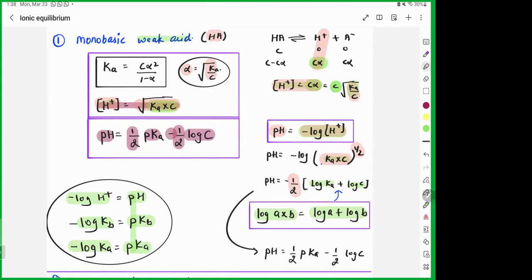You know log A into B is equal to log A plus log B. So if you take minus log Ka, it will be equal to pKa, and minus log C will remain same. Okay. So pH is equal to half pKa minus half log C. Anybody have question? This we wrote like if you have minus log Kb, it becomes pKb, and minus log Ka becomes pKa. Okay.